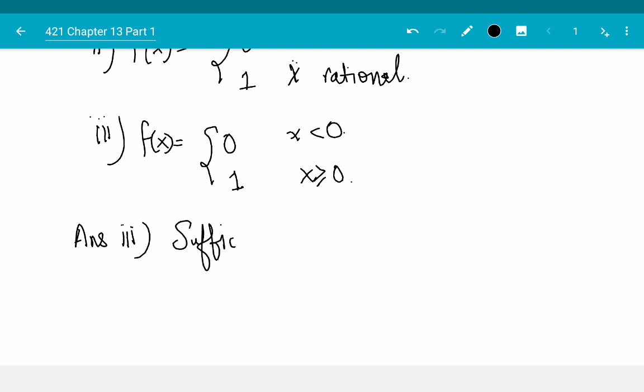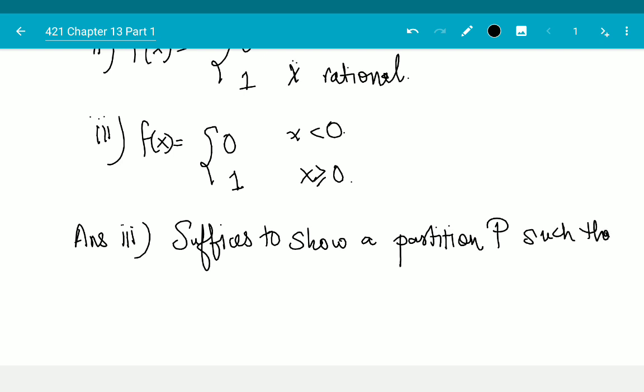Suffices to show there is a partition P such that L of f comma P is equal to U of f comma P, right?